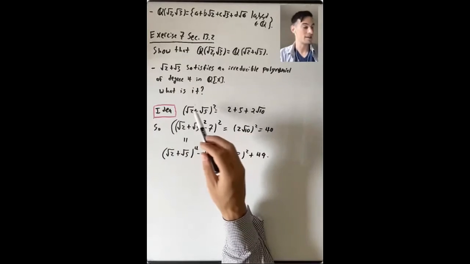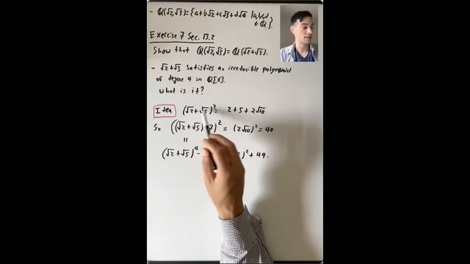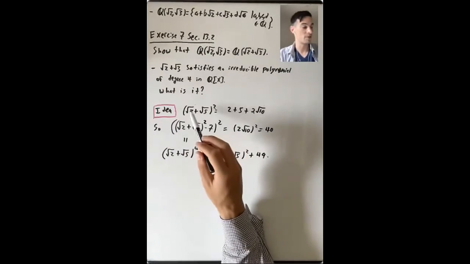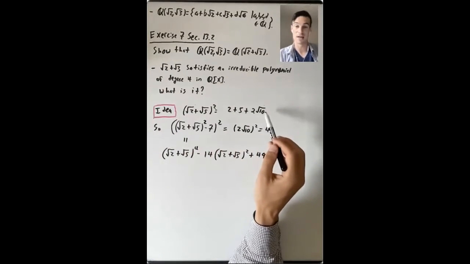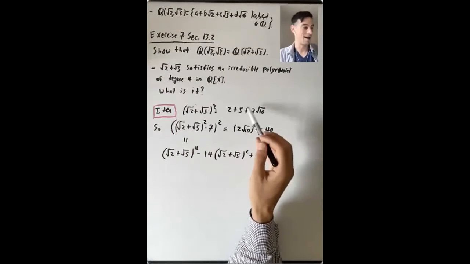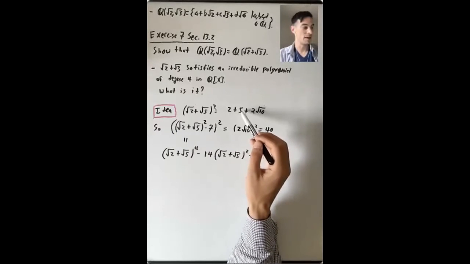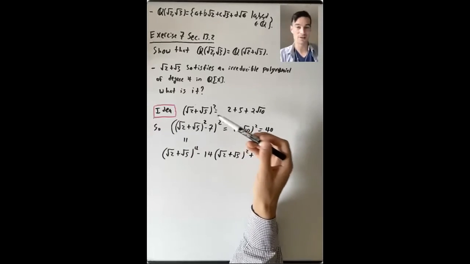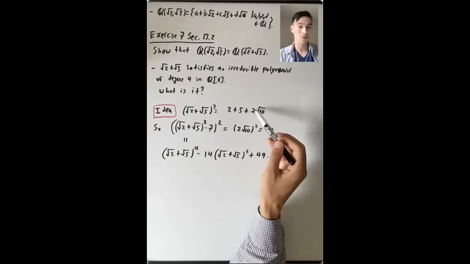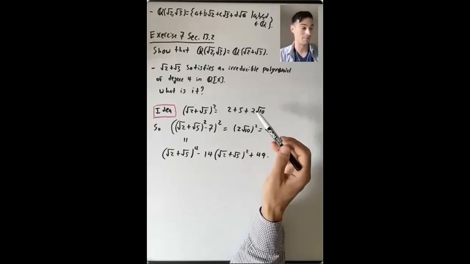What happens when you square this? What you get is 2 plus 5 plus the cross terms, which is 2 times square root of 2 times square root of 5, which is square root of 10. Okay, so we still have a square root in here. But the idea is if we move the 2 plus 5 over to the left side, now we have something on the right side where if we square it, we're going to get a rational number.